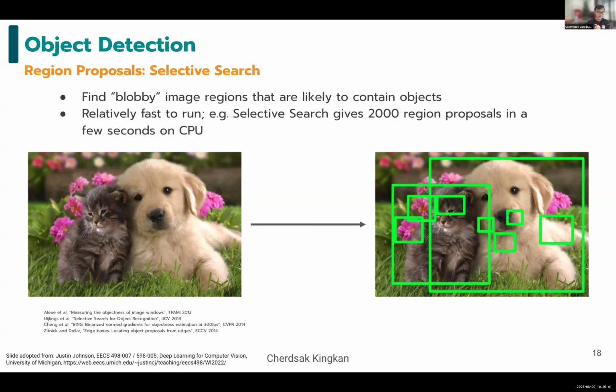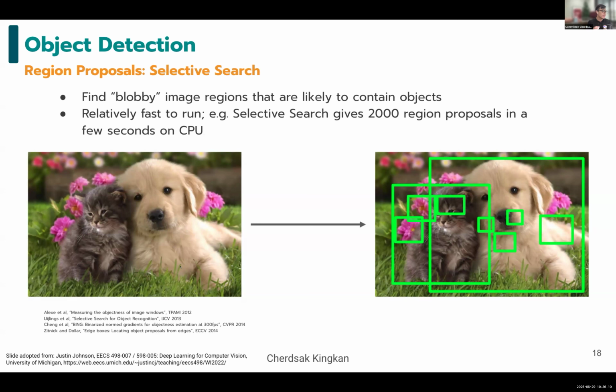It can use something like edge detection, corner detection, and combine them together between different image parts. Or we can use a SIFT technique to find which locations are likely to contain any objects, and then we just crop that region. This is what selective search is trying to do, right?